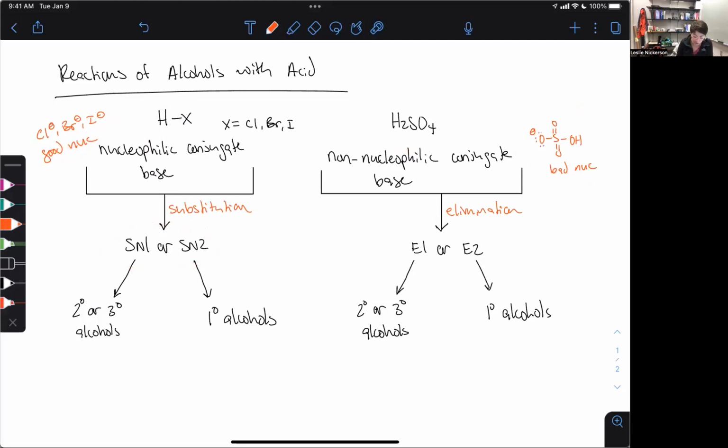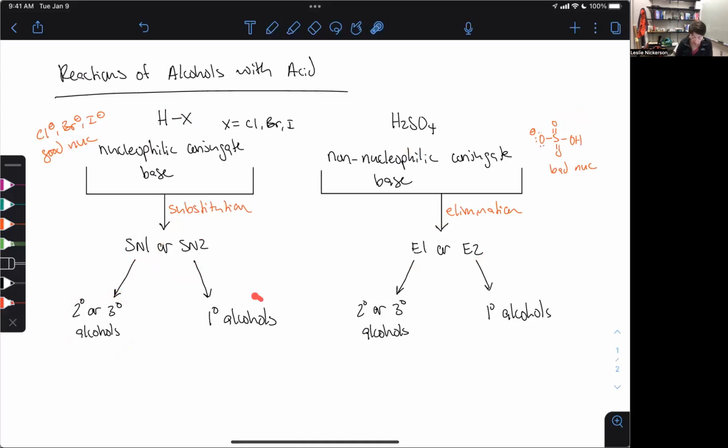But then once we get to deciding whether we're having a substitution or an elimination product, we need to be thinking about what kind of substrate we're working with, because that's going to dictate what kind of mechanism we're going through. Basically, if you have an alcohol that is set up to give you a good carbocation after your alcohol leaves, namely a secondary or tertiary alcohol giving a secondary or tertiary carbocation, it's going to go by the SN1 route.